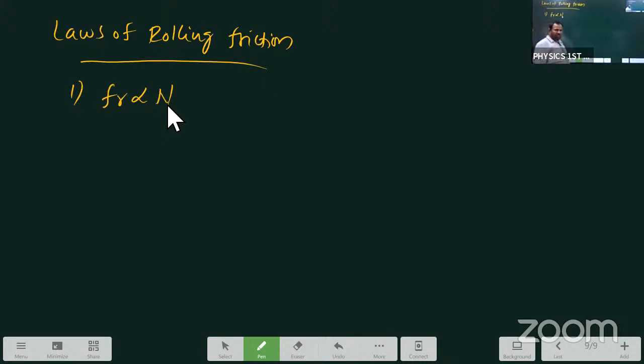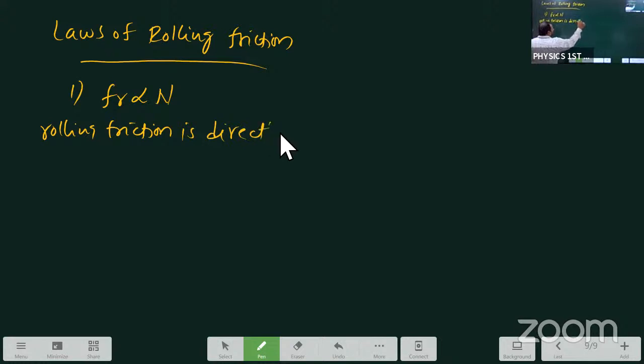Rolling friction, like any friction you take: frictional force is directly proportional to normal reaction. Meaning rolling friction is directly proportional to normal reaction.